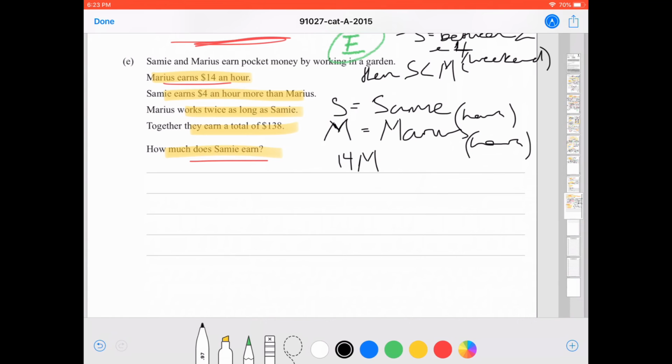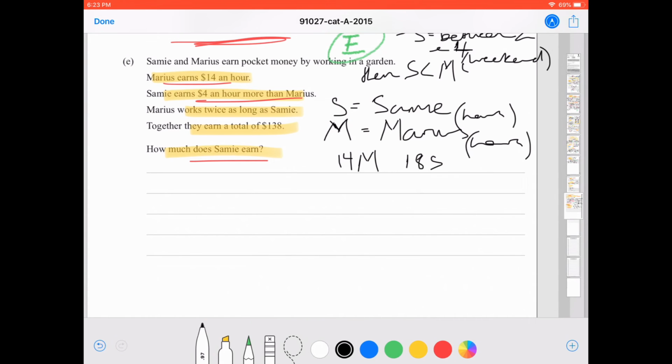Now, Sammy earns $4 an hour more than Marius. Okay, so they are going to earn 4 plus 14 is 18, so 18S.